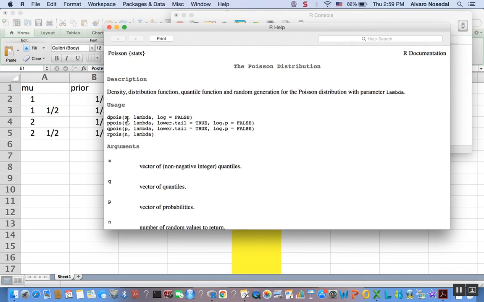So dpois is here. The entry that you need is the value at which you want to evaluate that probability mass function, and then lambda, the parameter of your Poisson. Okay, makes sense?